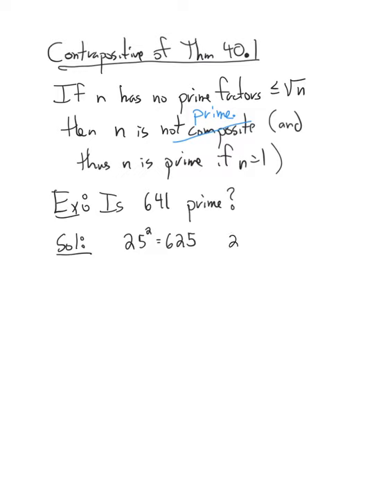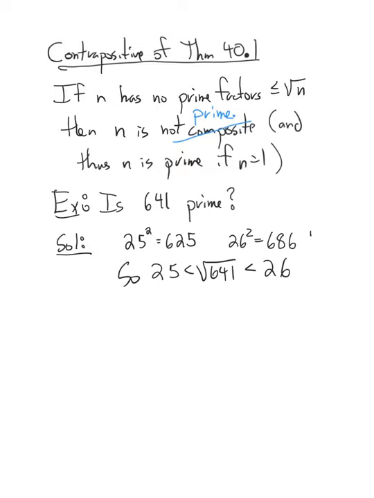And 26 squared is 676. Okay, so the square root of 641 must lie in between 25 and 26.